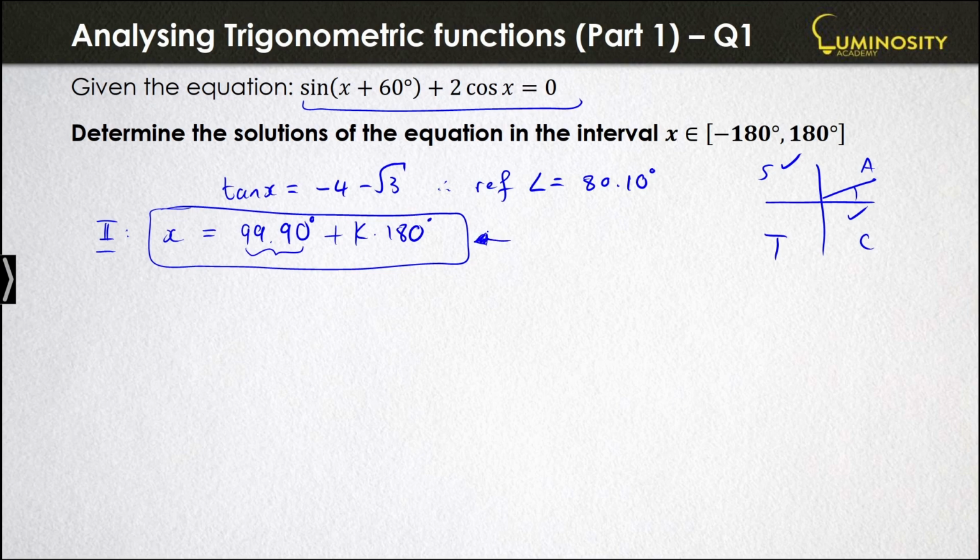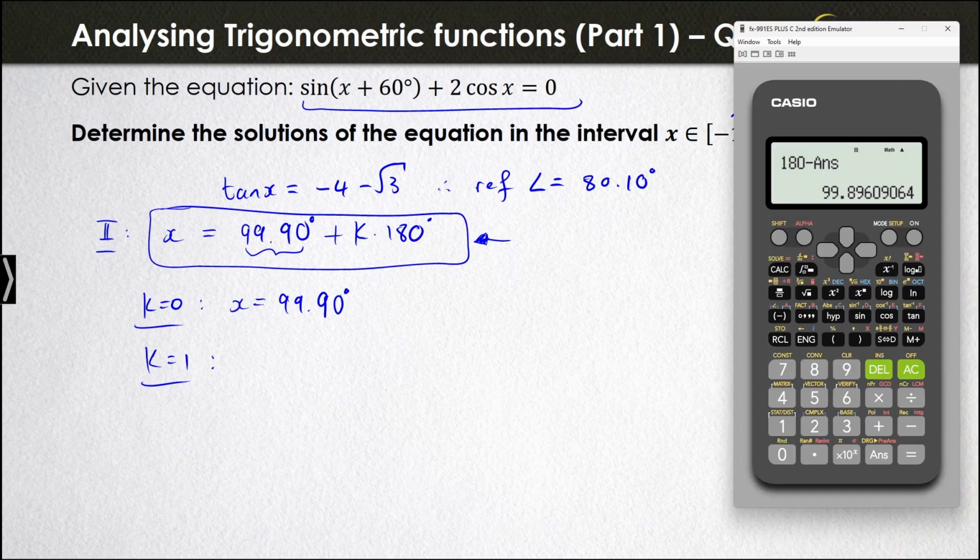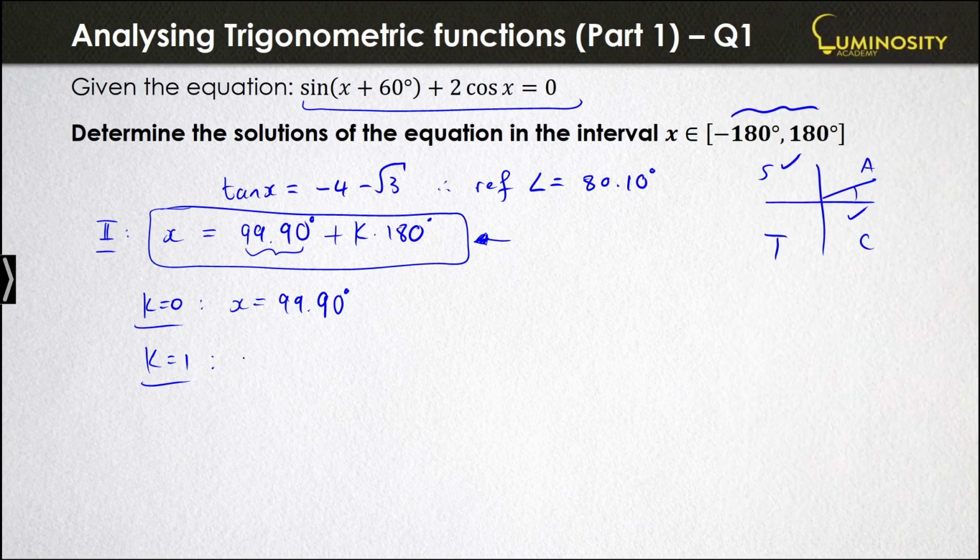Okay, so determine the solutions within this given interval. When k is 0, your x value is 99.9 degrees. When k is 1, what do we get? So plus 180, 279.9 degrees. Okay, is that within this domain? No, so not applicable.